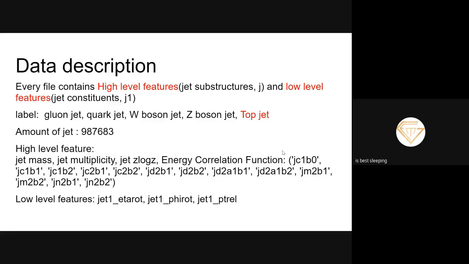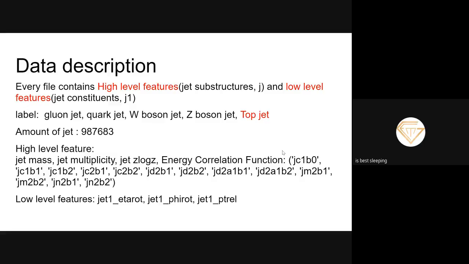We found the formula, but we don't know exactly what happened. So we just know these are features about energy and mass.